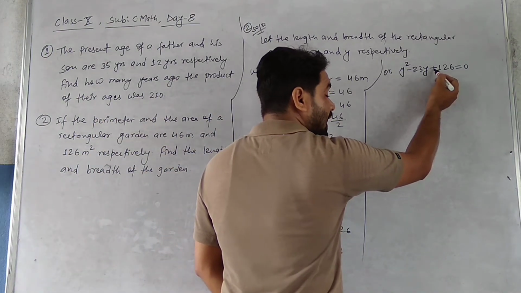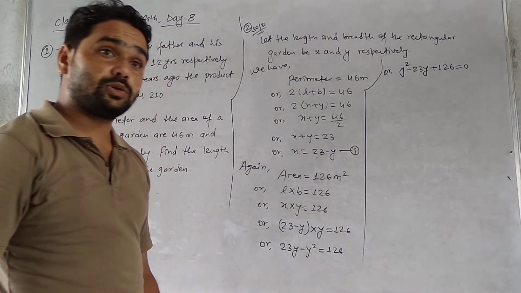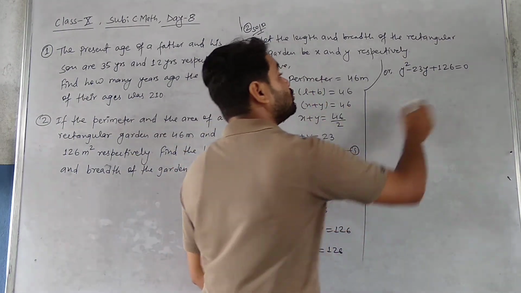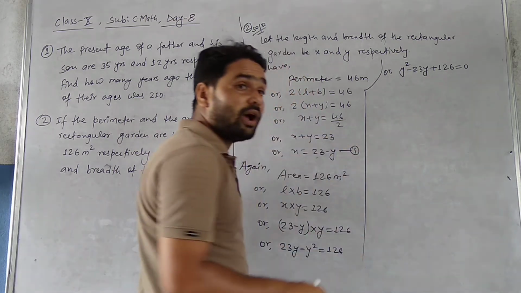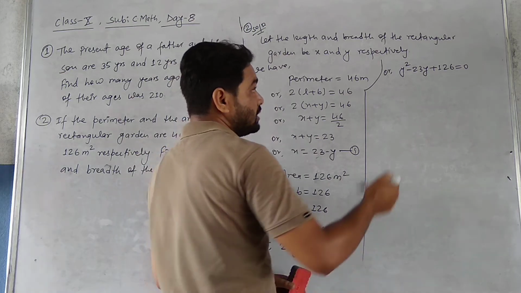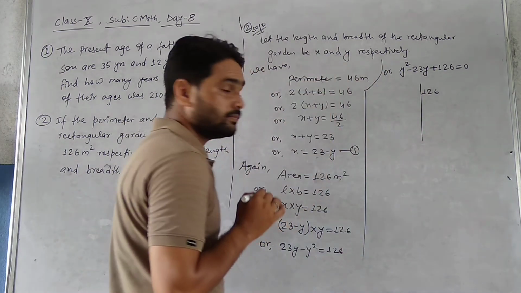Plus sign is here. That means while factorizing 126, we need two numbers that, when multiplied, give 126, and when added, give what? 23. Let's factorize that 126 at first.